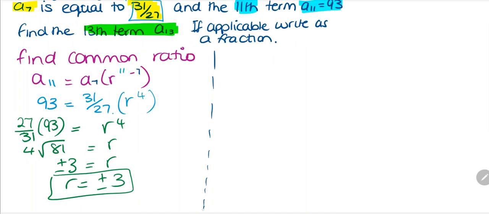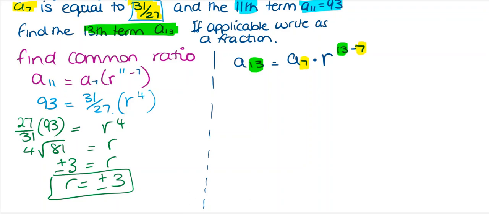We can use this. So we need to find A13, and we're going to use what we know. So A7, and we're going to multiply by r to the power 13 minus 7, because 13 is here and our 7 is here.